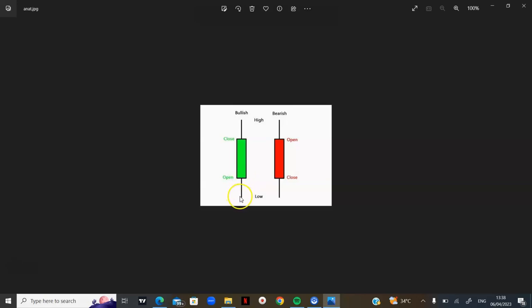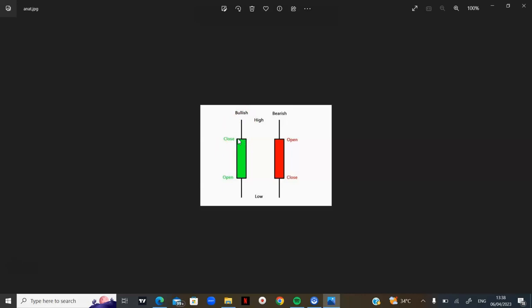So we call this place the low of the candle. It signifies the lowest point the price reached during that movement. Then when it gets to this place, the buyers started coming in and they pushed the price up to this place, which is the highest point the price reached during that movement, which is like 1 hour, right? Then the price comes back and closed here. So this is the closing price.